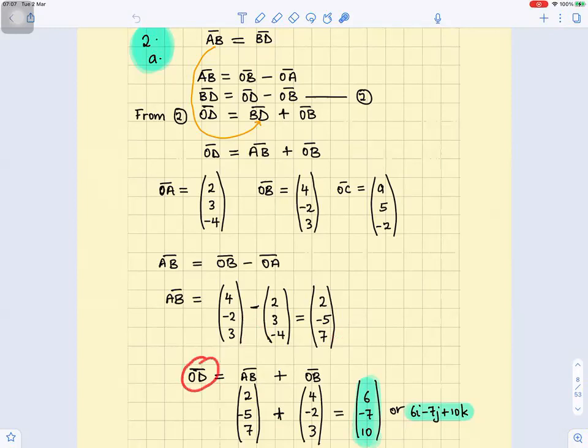So your OD is AB, which is the one we found there, plus OB. 2 plus 4, 6. Minus 5 plus minus 2, minus 7. 7 plus 3 is 10. You can write it with i and j. So this is 6i minus 7j plus 10k.